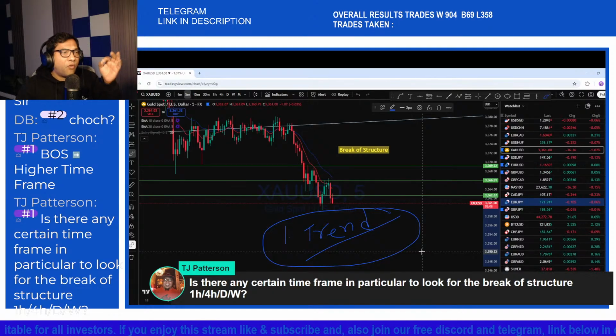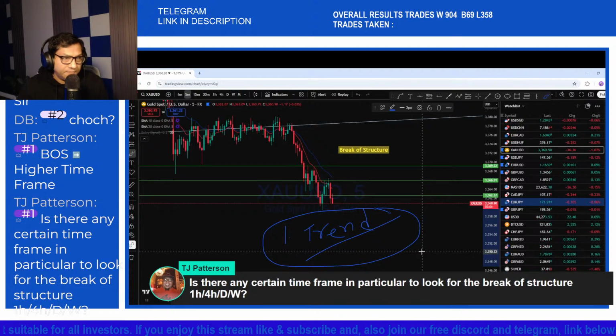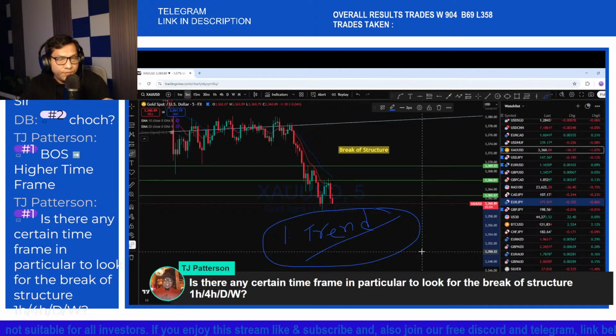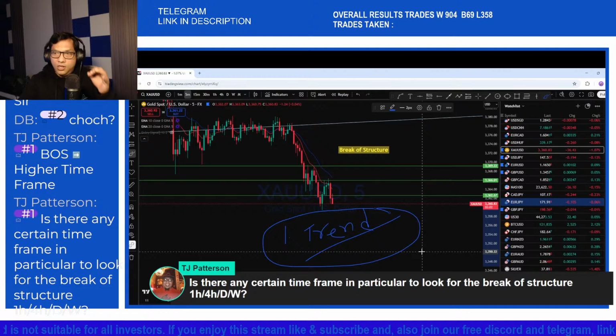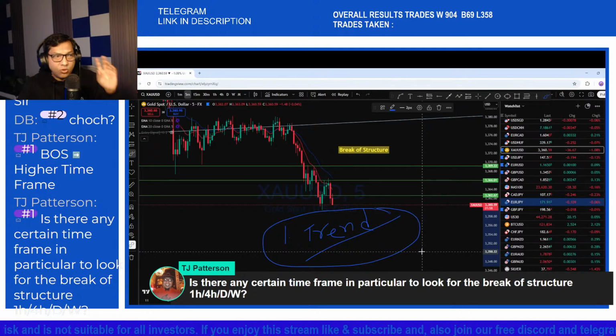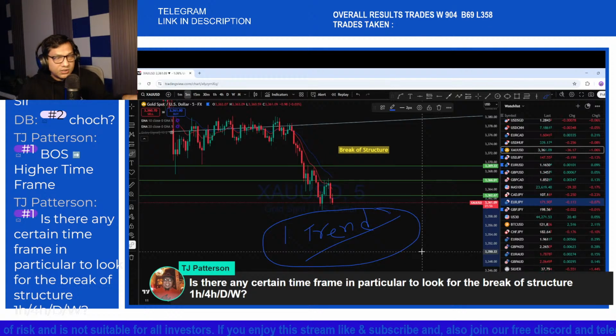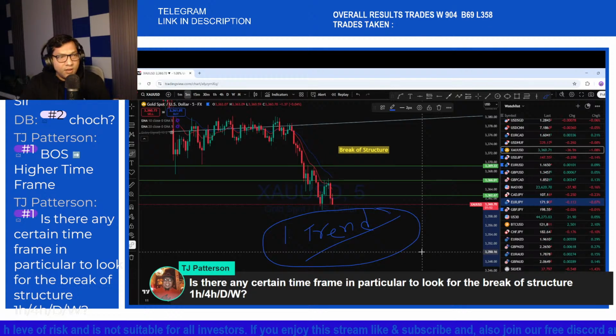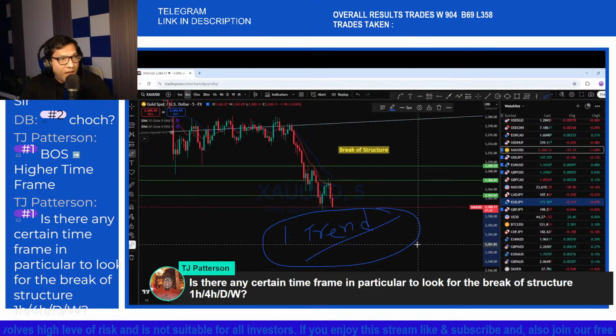That's flow. That's smart trading. You are trading with the trend, which means you are not going against the grain, not going against the current. There is a saying to always go against the grain, but not in the market. In the market you have to go with the flow.